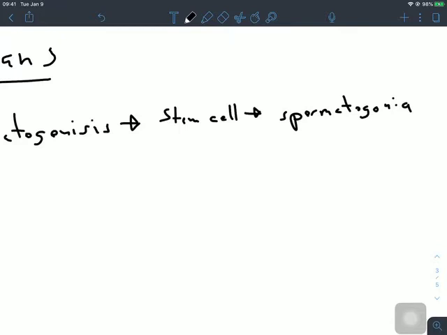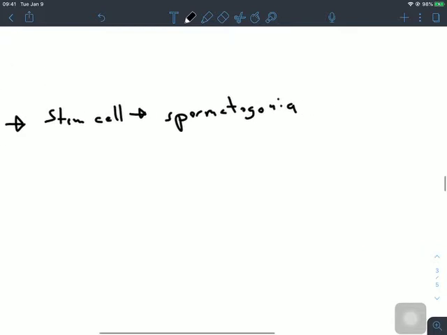And I also want to draw attention to the fact that if you ever have trouble with my handwriting on this, as you justifiably should, I apologize for my terrible handwriting, but you do have vocabulary sheets with all of these words typed out, so you don't have to question yourself on the spelling of them. So your spermatogonia can perform mitosis to replicate as they need to throughout your lifespan, and then they will eventually go through the process of meiosis.